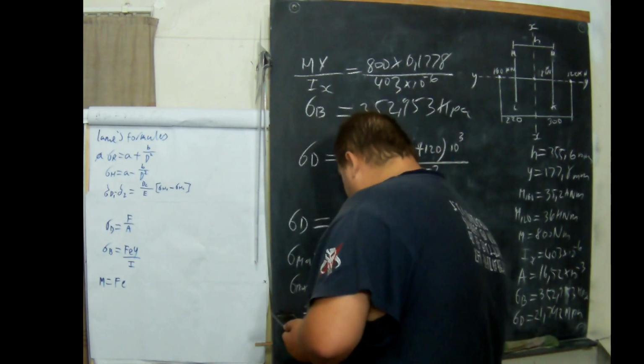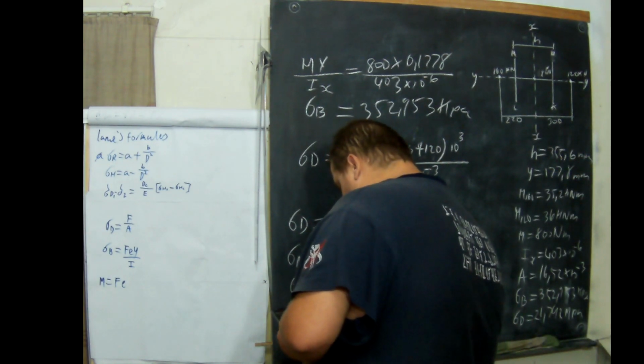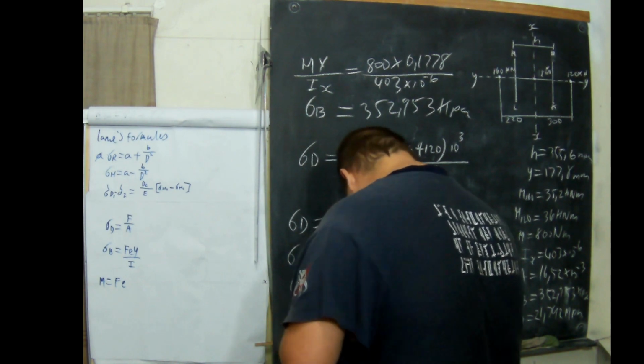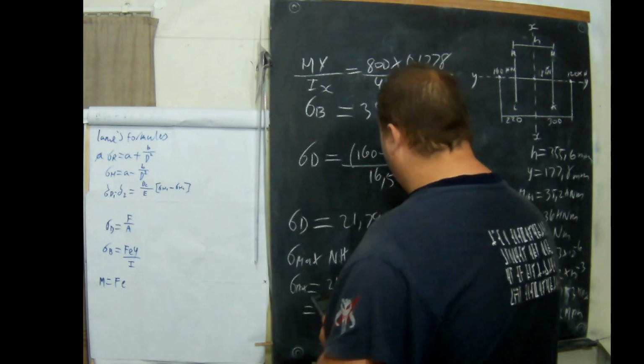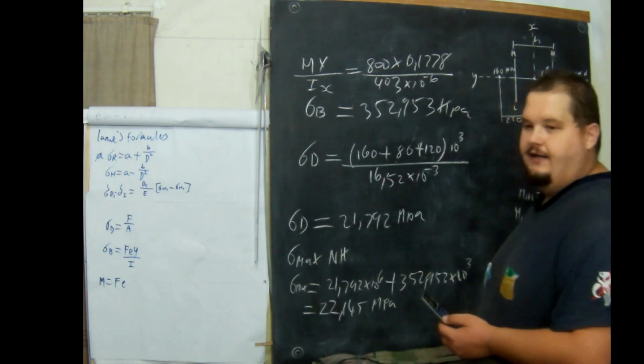What we have now is 22,145 megapascals. That is the maximum at NK.